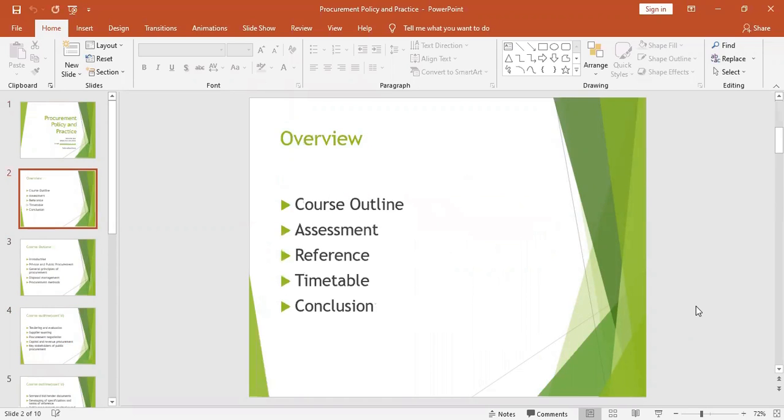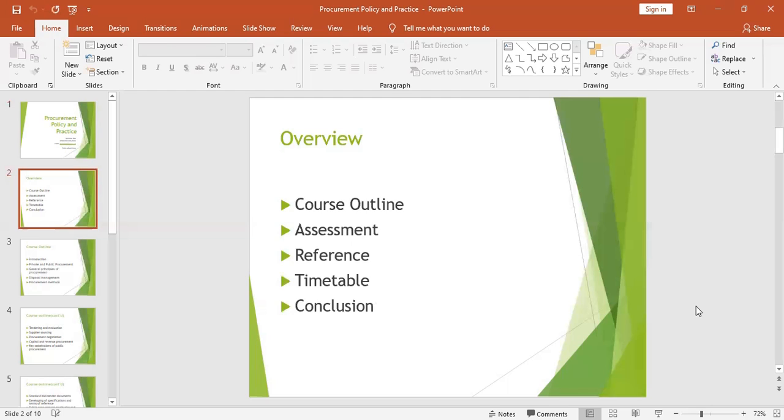So as far as the overview is concerned, I will highlight the course outline. I know we have moved on, but let me also repeat the course outline so that you know what you're supposed to study. Then I will also inform you about the assessment mode, how you'll be examined as far as tests, courseworks, and exams are concerned.